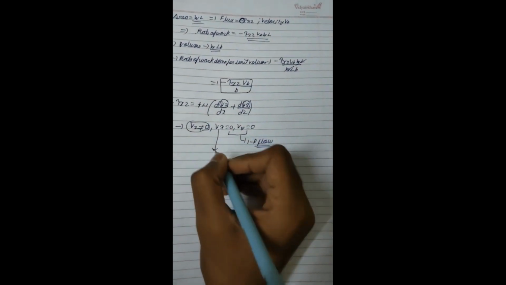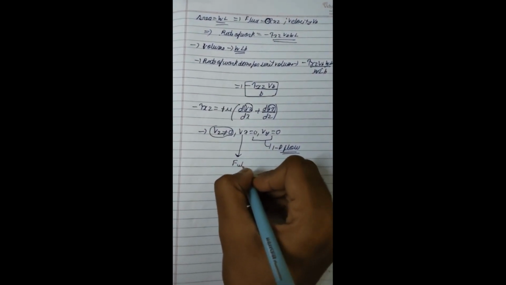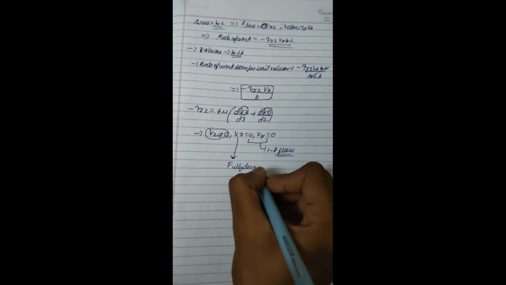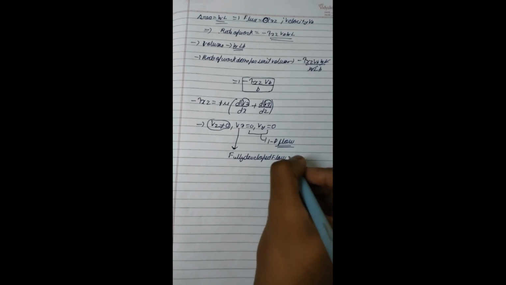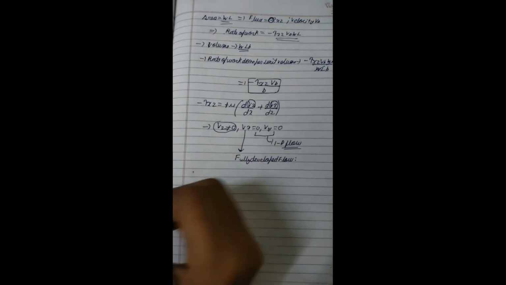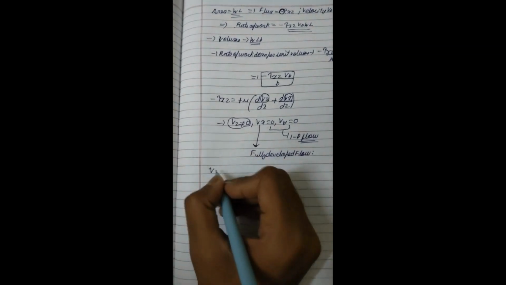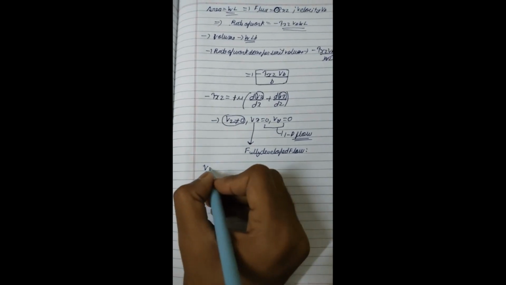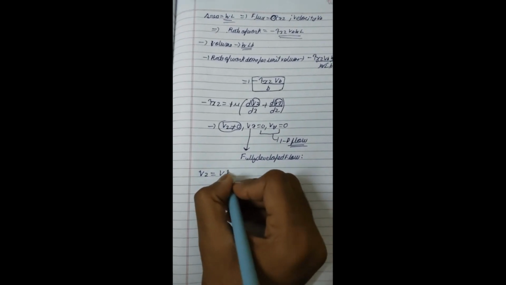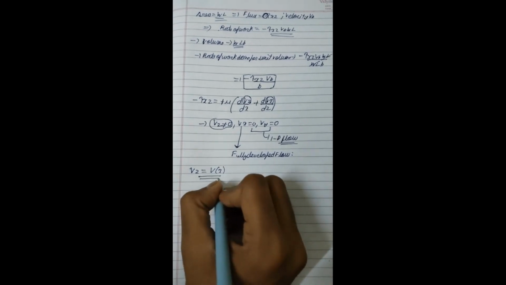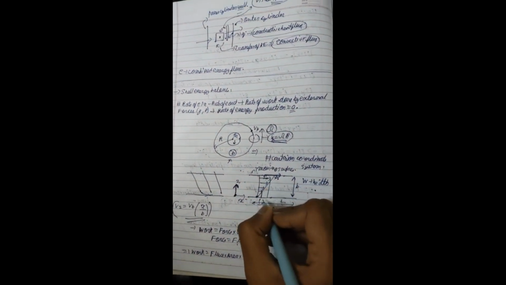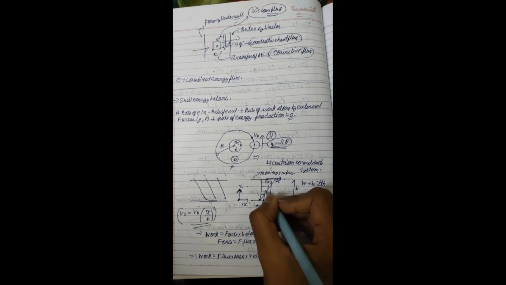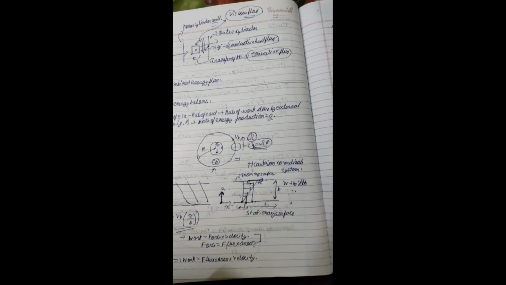For X, this is a fully developed flow. Now, whose function is this? There is velocity in Z direction. Vz is a function of X direction only. Why? Because we can see here that Vz is changing with respect to X. At this point the velocity is this, at this point the velocity is this.